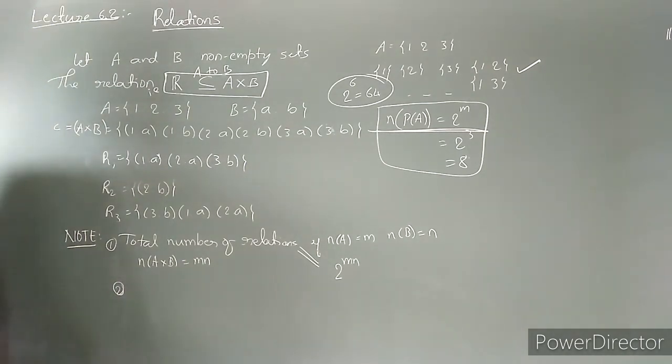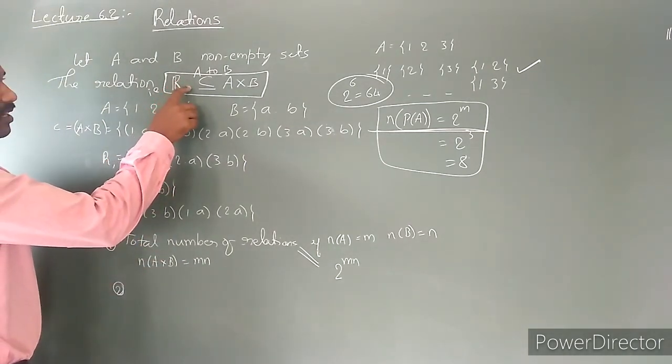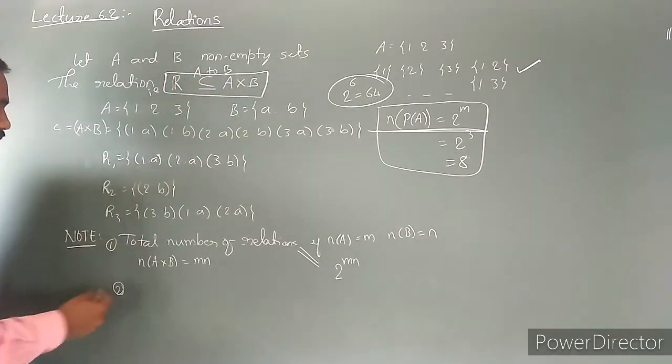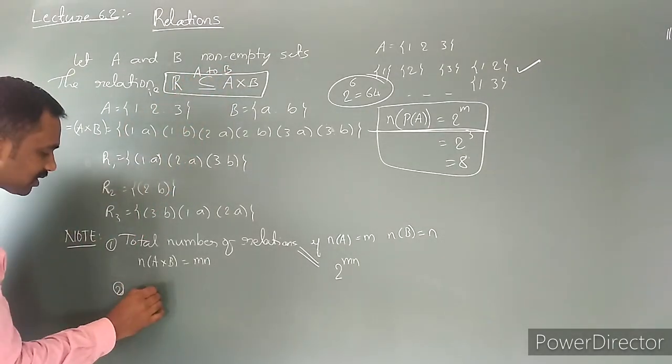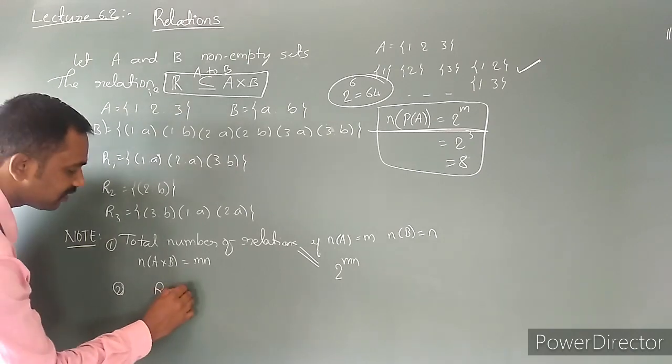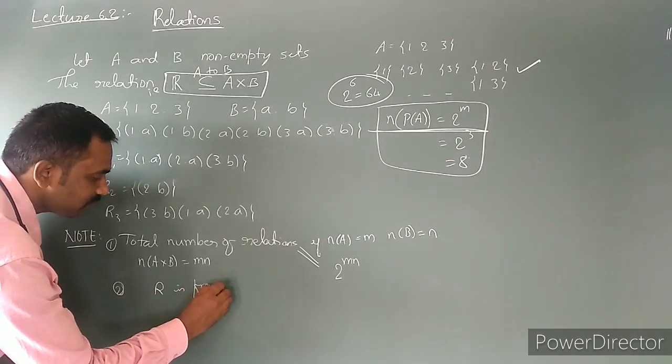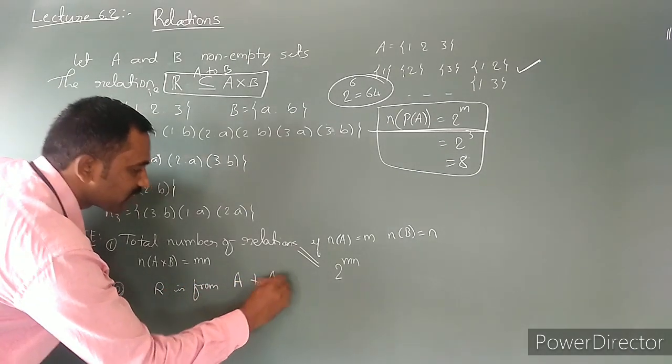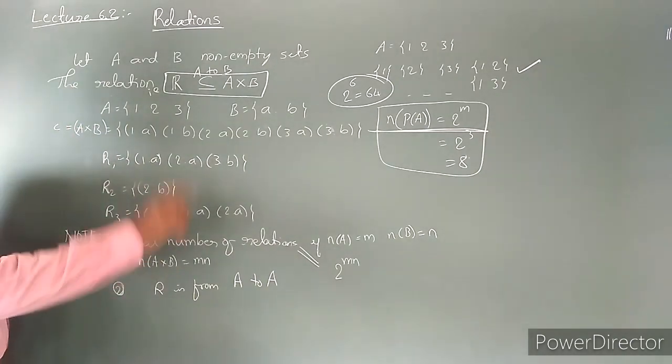Next one. Similarly, I just told you that in the definition it is from set A to set B. Only a single set is given. Suppose the relation R is from set A to set A itself.